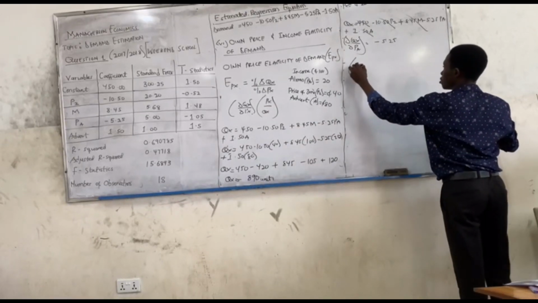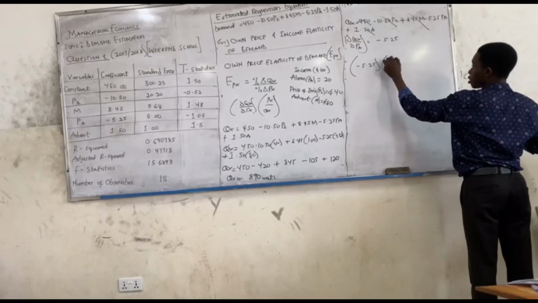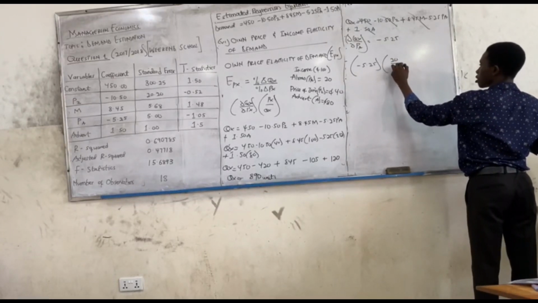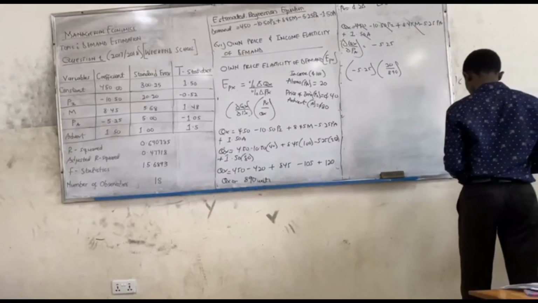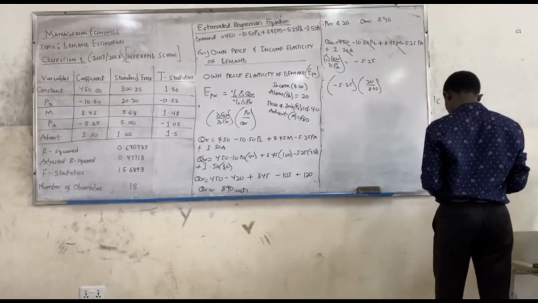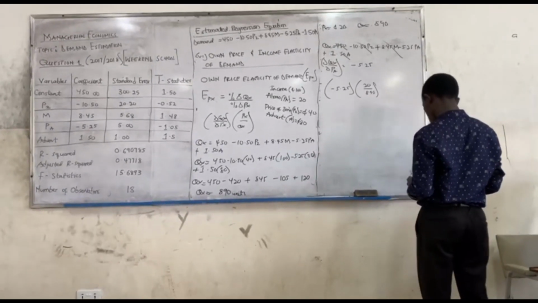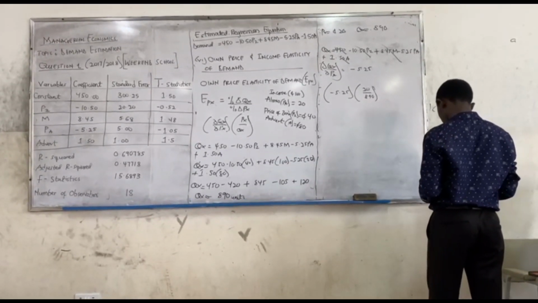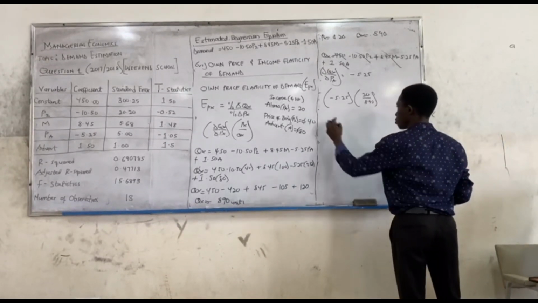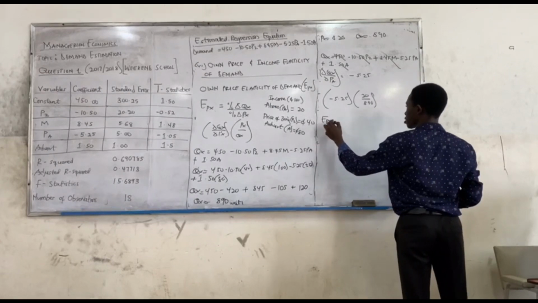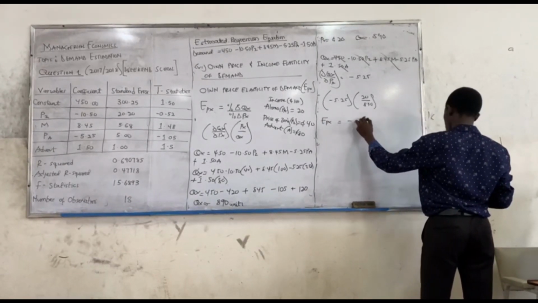We have negative 5.25 times 20 over 890, so EPX is equal to negative 0.12.